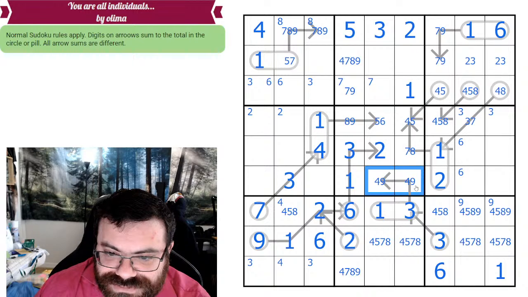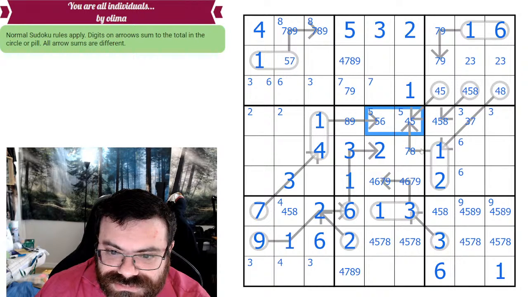How about 6, 7? 6, 7 would put 8, 4 here. So 6, 7, 8, 4, 9, 5. So this could be 6, 7 as well. So the 5 is up here somewhere.